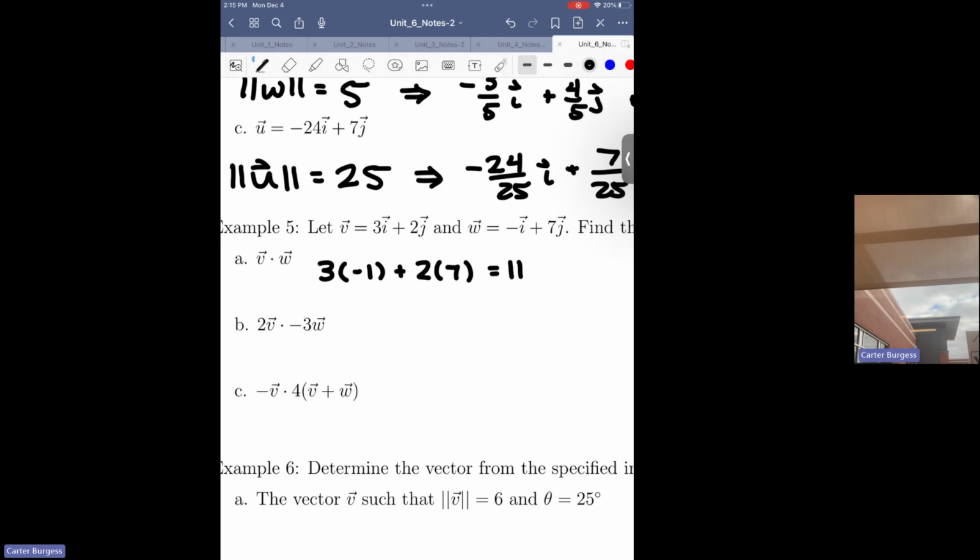Yeah, so that'll be your first vector. It's the vector negative 2. Okay. And then you could either distribute, or you could do the addition first and then multiply each component by 4, either way.